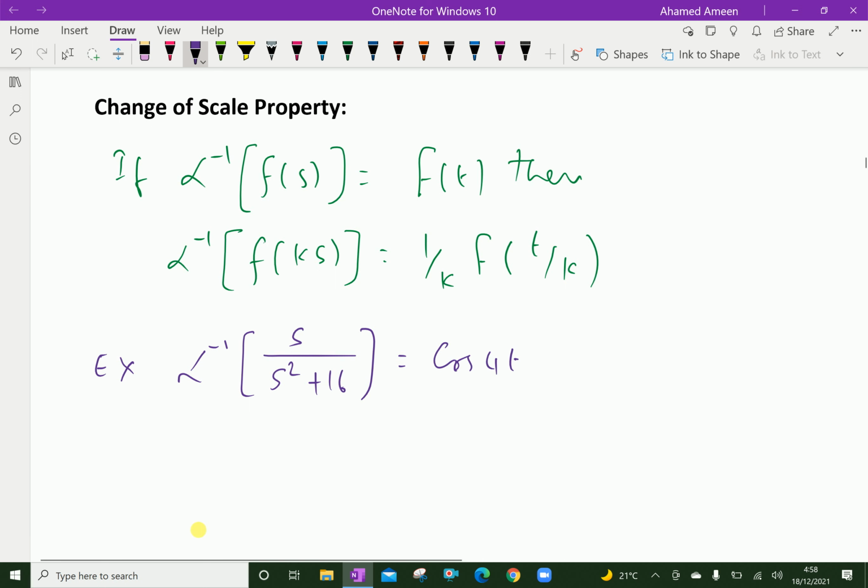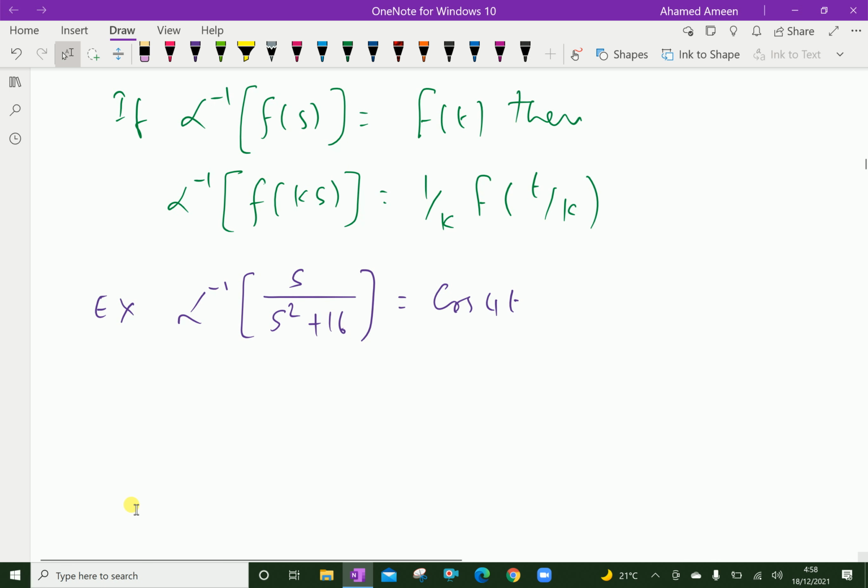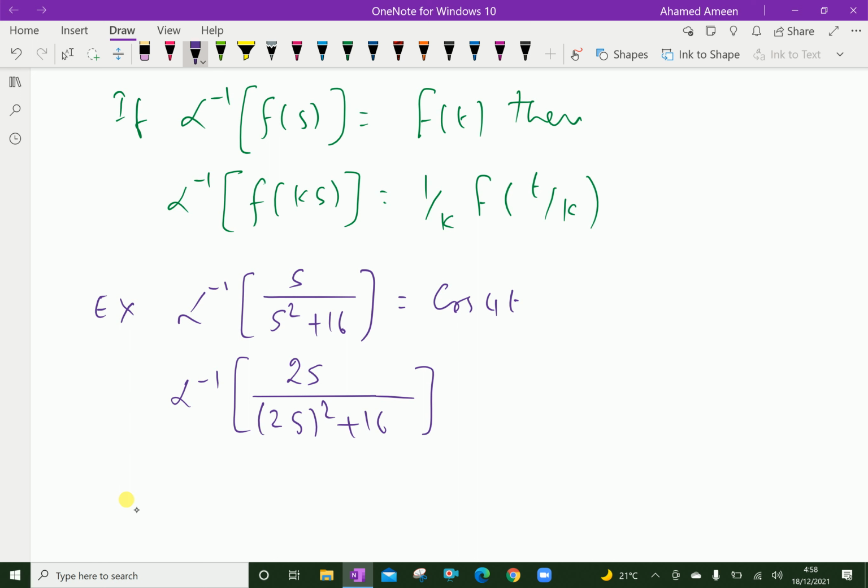Then we have the inverse Laplace transform of 2s over (2s) square plus 16, that means here k is 2, which is equal to 1 over 2 and cos of 4t over 2, which is equal to half cos 2t.